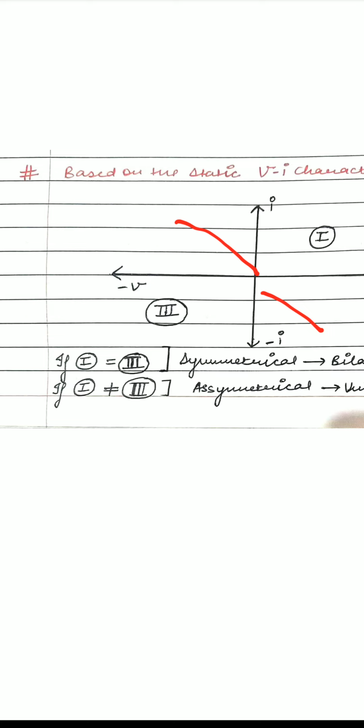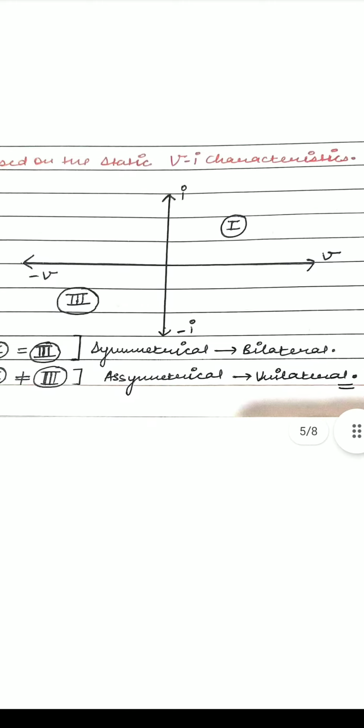But if the graph of that element is not a mirror image in the first and third quadrant, and also not in the second and fourth quadrant, then it is nothing but unilateral. So this is the method to identify whether the element is bilateral or unilateral from the graph.